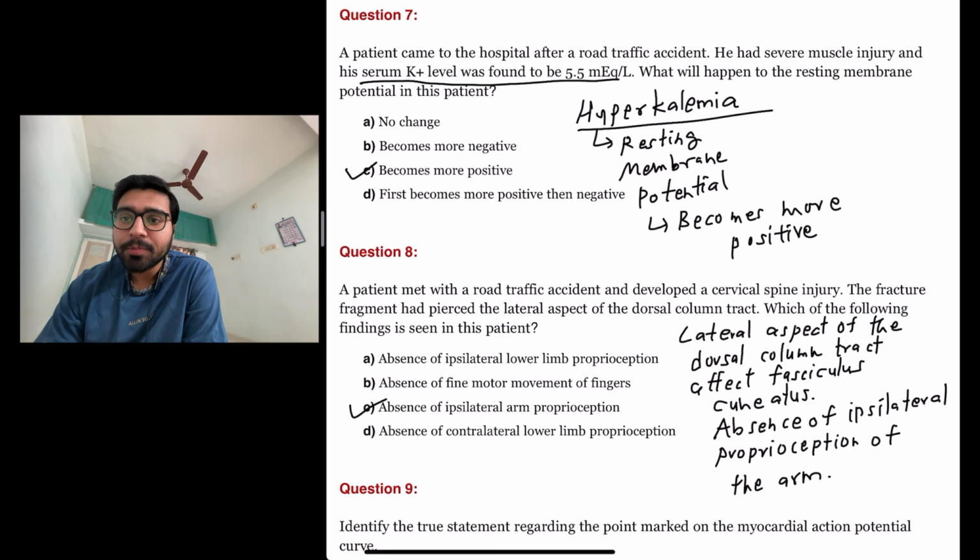Okay, so the answer here is option C, absence of ipsilateral arm proprioception.